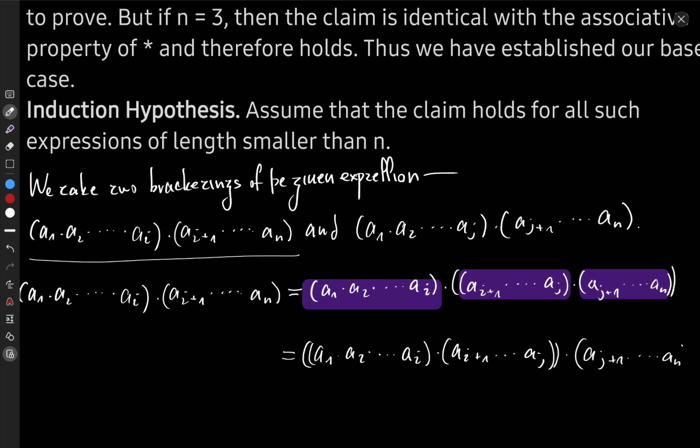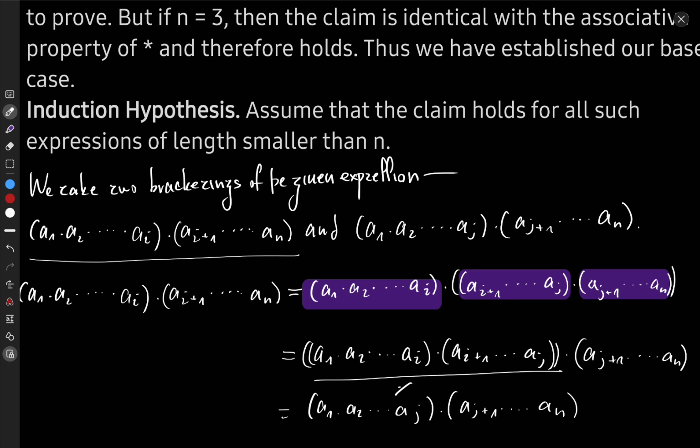But this, of course, is nothing else than the other bracketing. So this is equal to A1 times A2, etc. up to AJ, combined with AJ plus 1 and so forth up to AN. To do this, by the way, to change this and unite it here, we have also used the induction hypothesis, right? And this concludes this easy exercise-like proof.